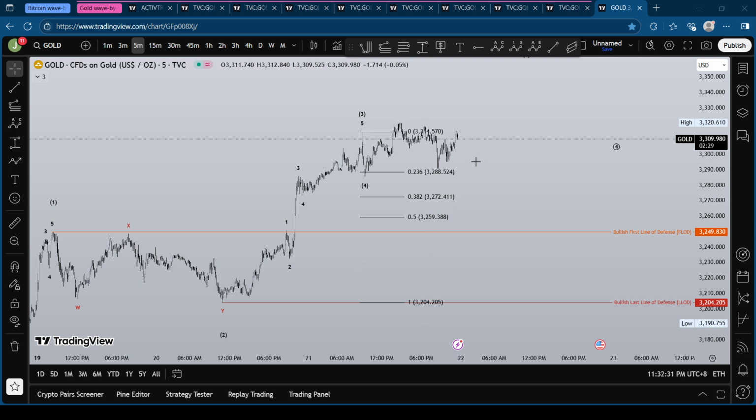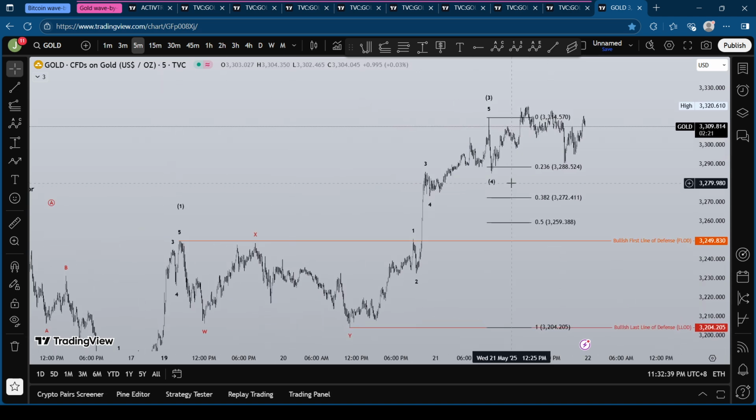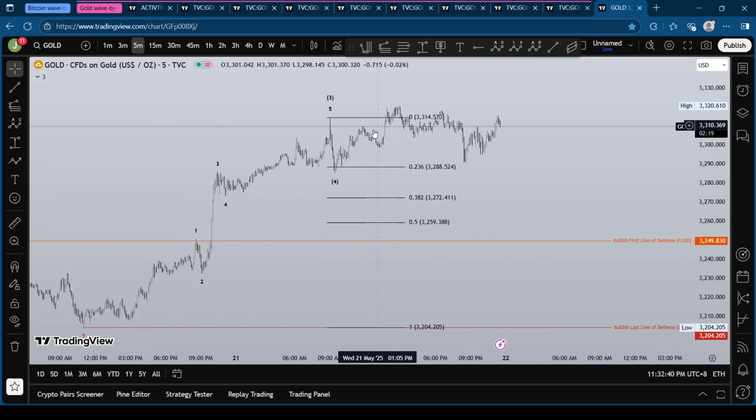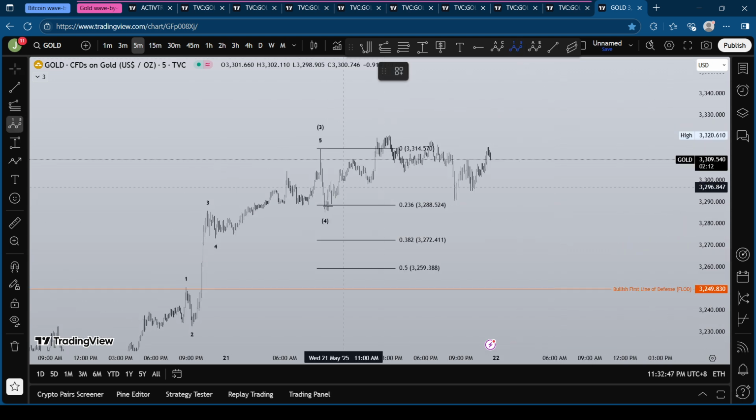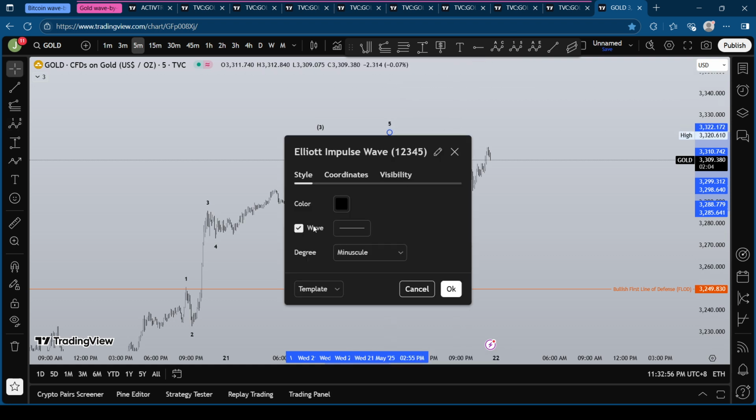Now, after that, we saw from the 236, it created 5 waves up. This means that I need to update my count and label this as 1, 2, 3, 4, and 5. What does that mean?